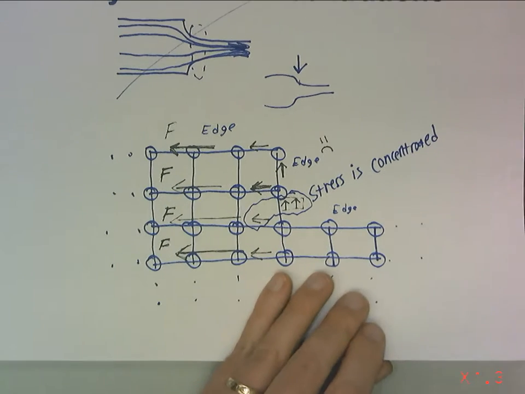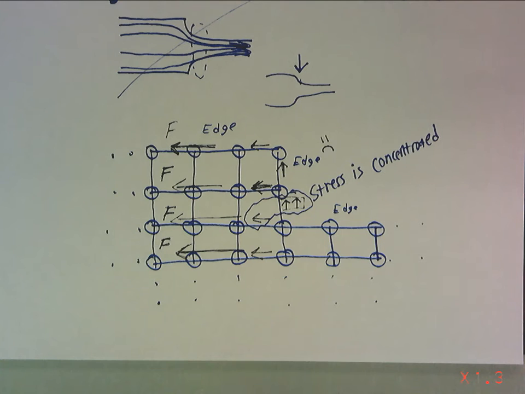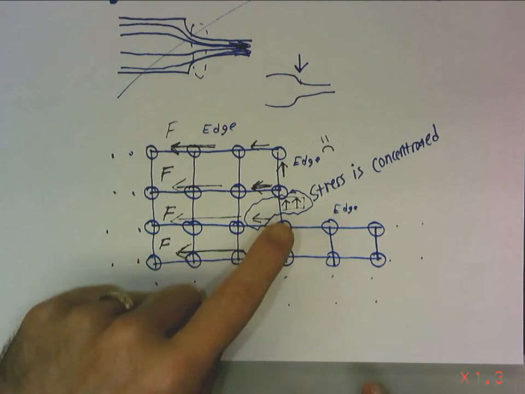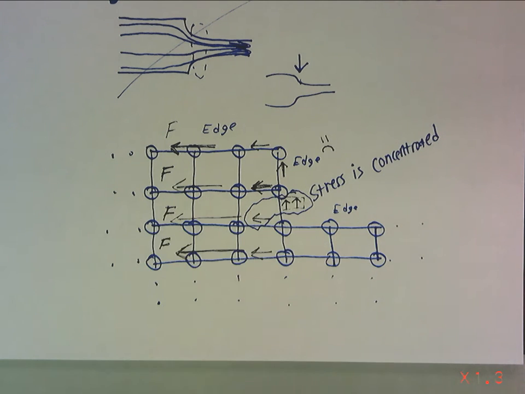concentrated. So what have we done by creating a geometric discontinuity here? We've forced our crystal structure to pull in directions that are not typical, not optimal for the force or the stress, and they are going to concentrate somewhere.